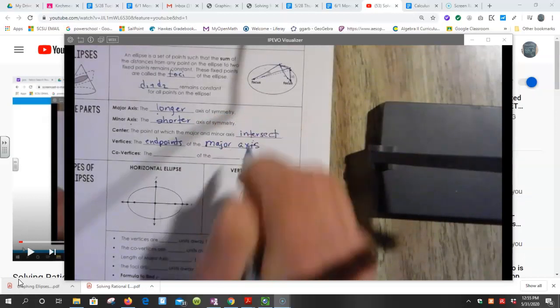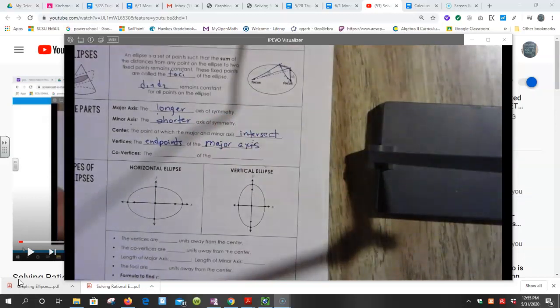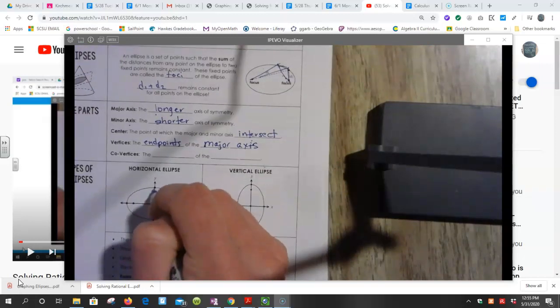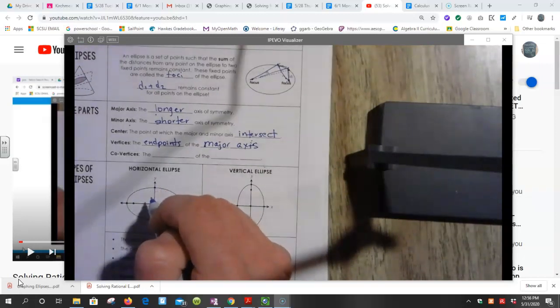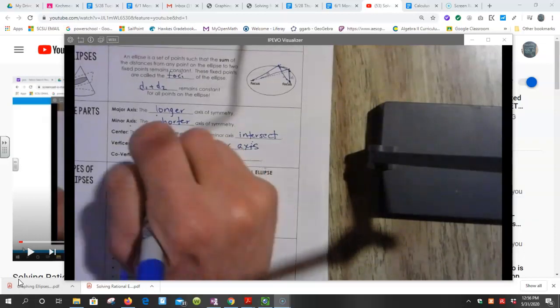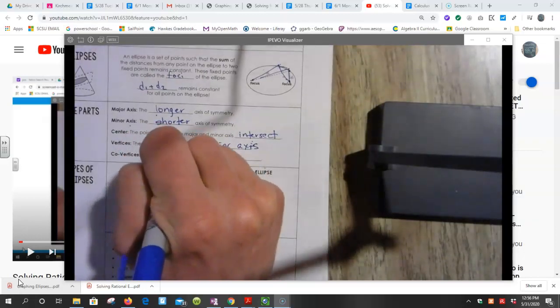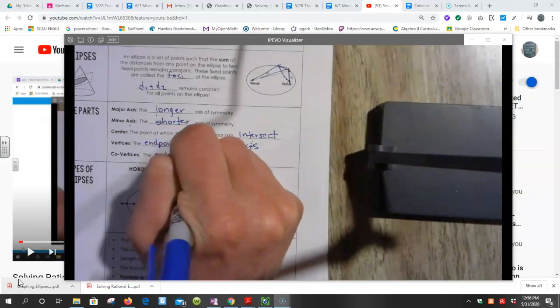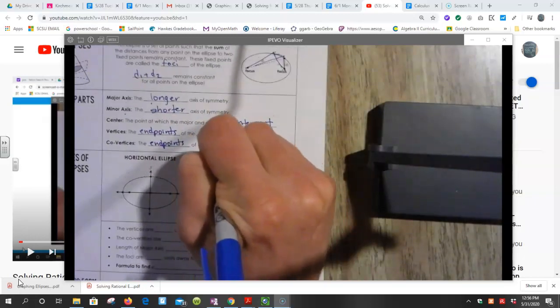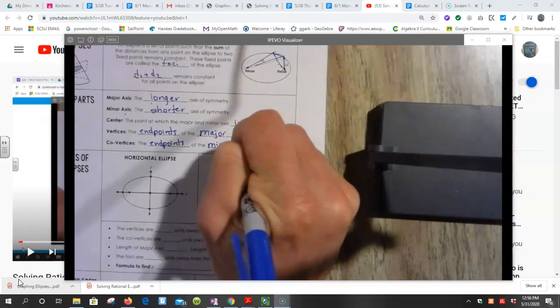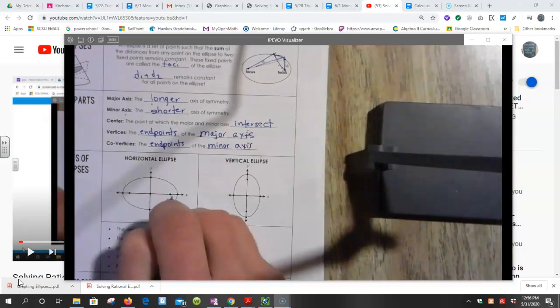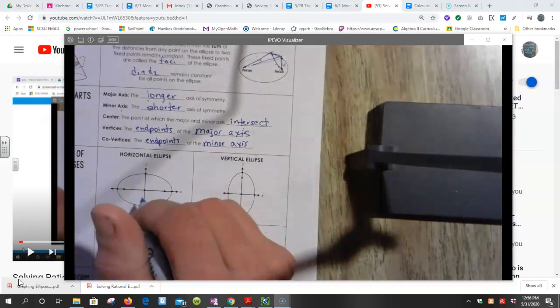And the co-vertices are the endpoints of the minor axis. These are also vertices, but they're called co-vertices because they are from the minor axis. So major axis longer, minor axis shorter.